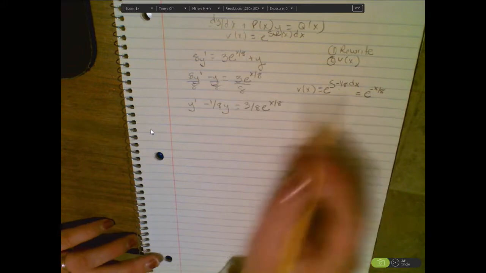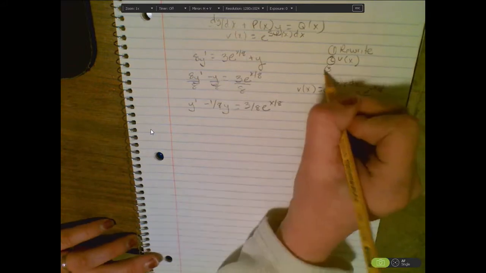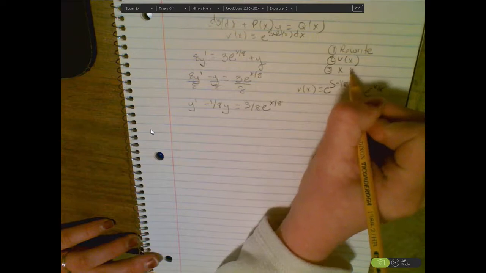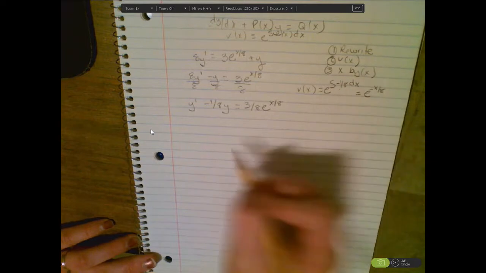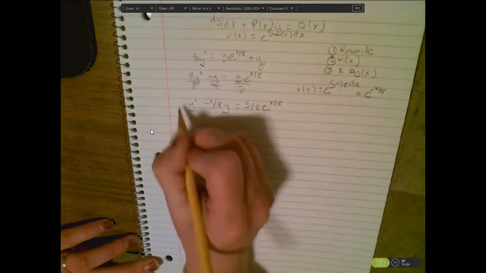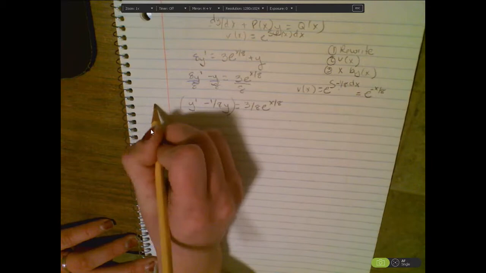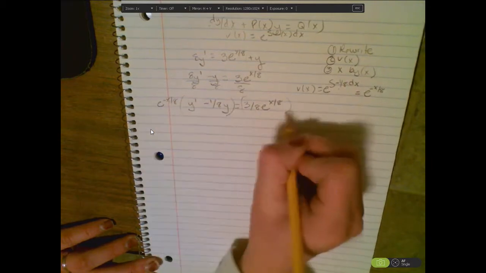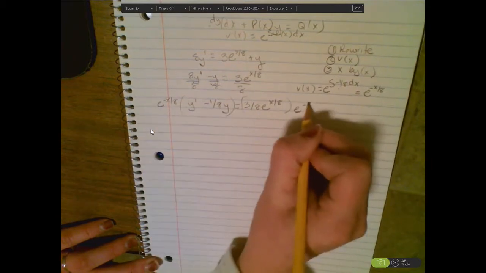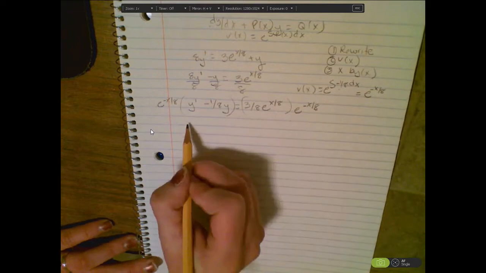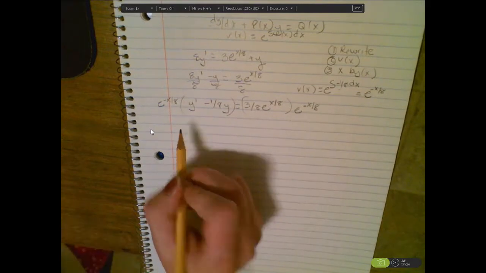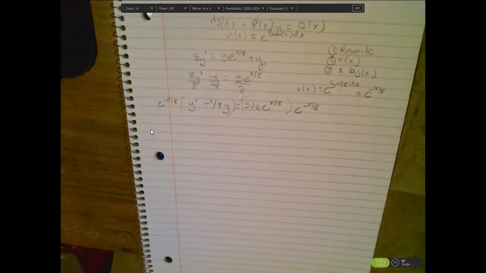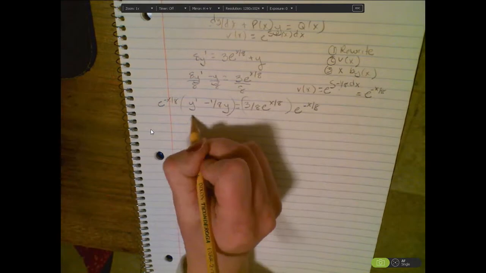Now I'm going to take both sides of this and multiply by v of x, which in this case is e to the negative x over 8. Now on this side, this huge mess, what this v of x does is transform it, and this works every time.